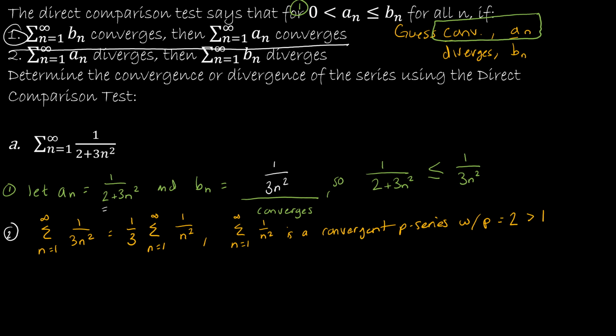Step 3 says because I have shown 1 and 2 are correct, then I can say the second part of that statement.